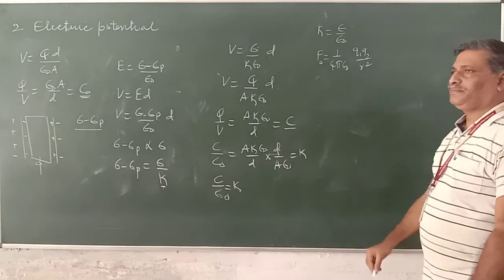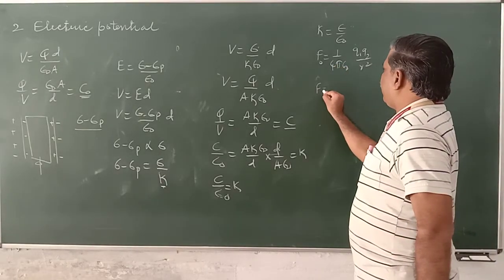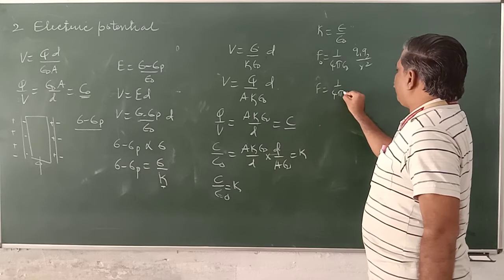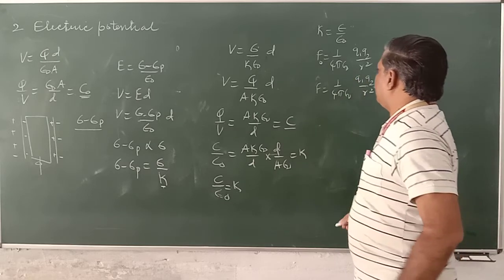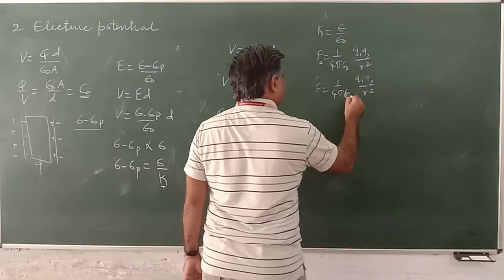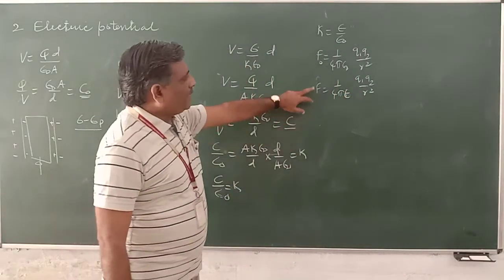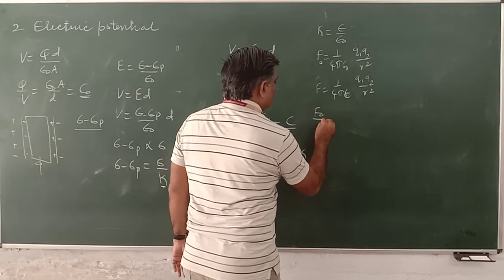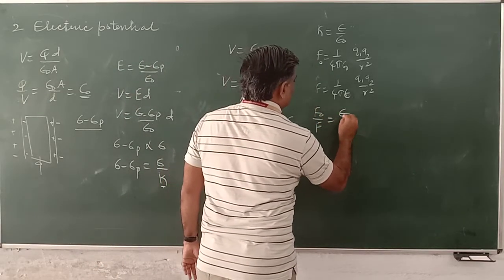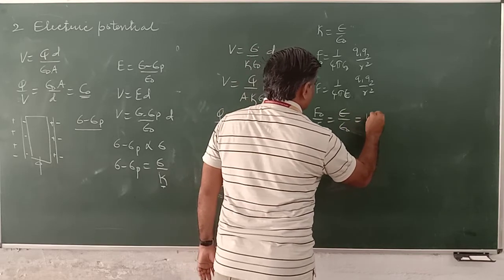Similarly, F in any medium is 1 upon 4 pi epsilon 0 epsilon Q1 Q2 divided by R square. When I take the ratio of F0 by F, it becomes epsilon divided by epsilon 0.